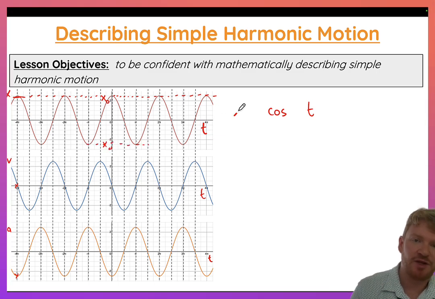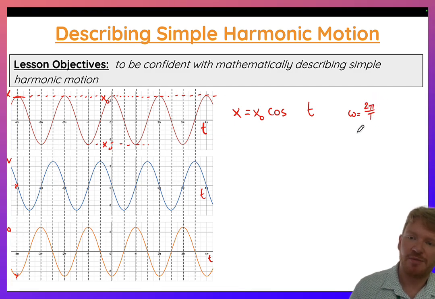So I can say that the position x against time is equal to x naught times some function of time. The next bit is what really goes in here. Obviously I can have faster or slower frequencies. So the easiest thing to think about here is, I know that angular frequency is 2 pi over T. And when little t is equal to the time period, that is when it has done one full oscillation.